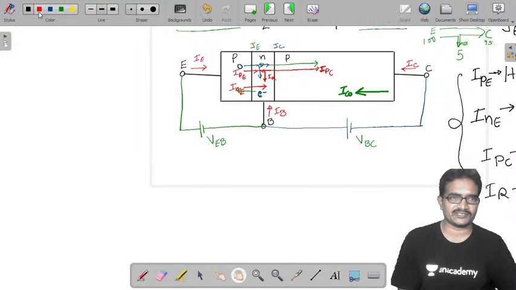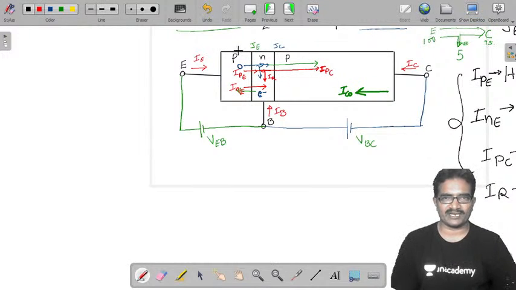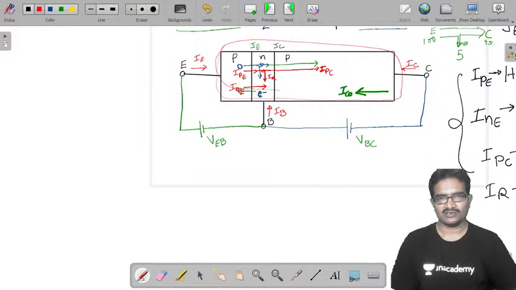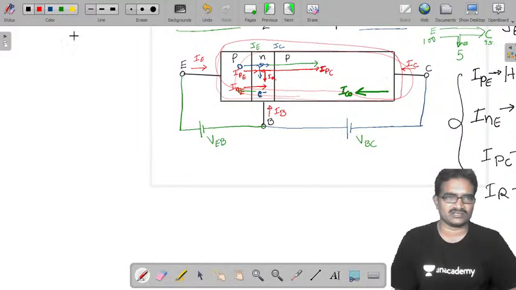The first equation I am applying is, with respect to the transistor, this transistor is treated as a node. Emitter current is entering, base current is entering, collector current is also entering.